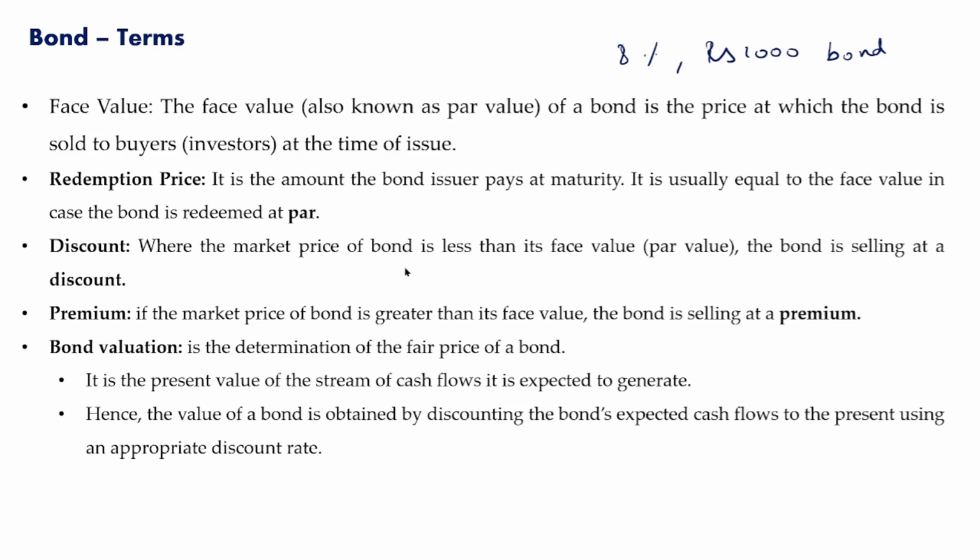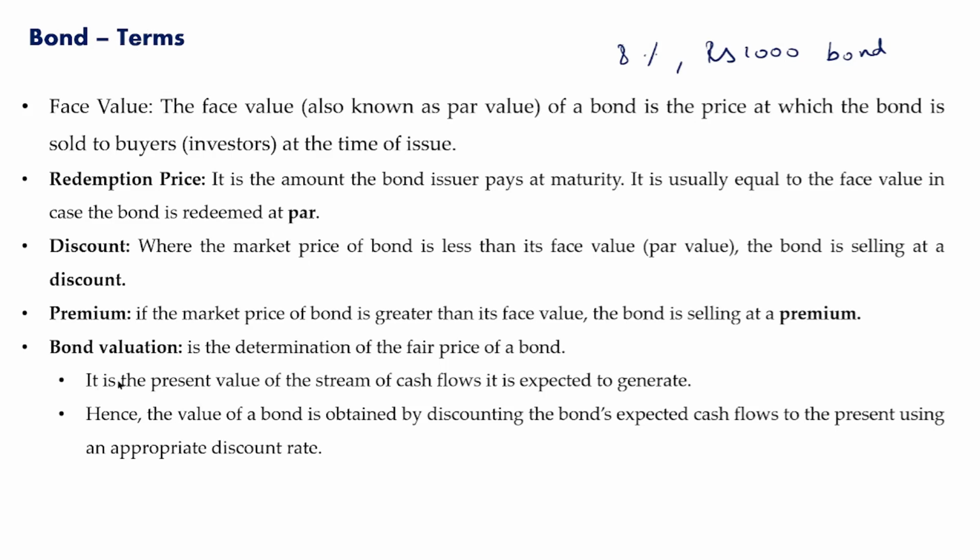When the market price of the bond is less than the face value, that is, less than this 1000 rupees, we say the bond is selling at a discount. If the market price of the bond is greater than the face value, we say the bond is selling at a premium. So this is with respect to face value, redemption price, discount and premium.